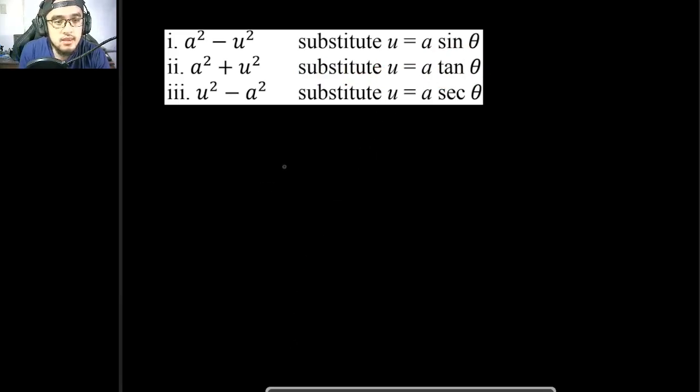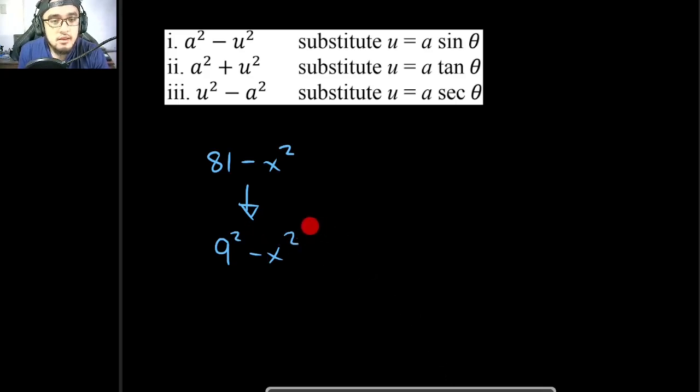Pretend that your integral equation has this certain term right here, which is, let's say, 81 minus x squared. Guys, this can be rewritten as 9 squared minus x squared. And as you can see here, this term is basically the same as this one right here.